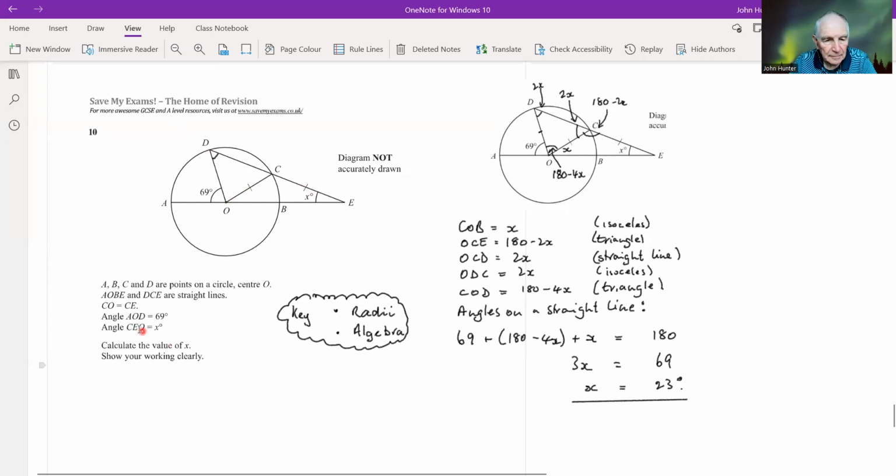A, B, C, D are points on circle center O. So AB is a diameter, therefore A, O, B, E, and D, C, E are straight lines. CO equals CE. Those are marked with those lines there to signify that. Angle AOD equals 69 degrees, and angle CEO equals X. Calculate the value of X.